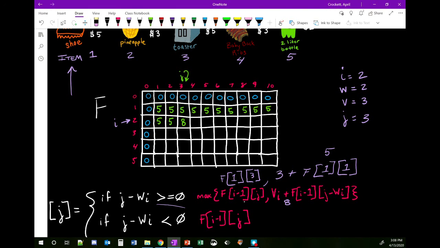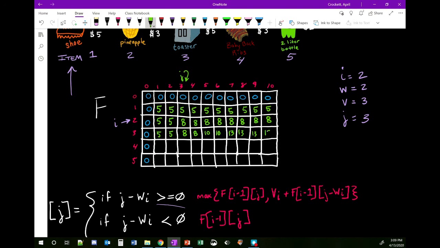So when we go through and do these steps, which would take me forever, so I'm not going to do every single little cell because it's just repetitive steps over and over, then what we will finally get, the rest of the cells in this row with index 2 that talks about item 2, is all going to be 8s. Then the next row will have 5, 5, 8, 8, 10, 10, 13, 13, 13, 13.